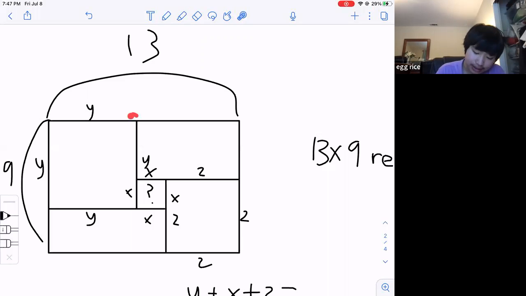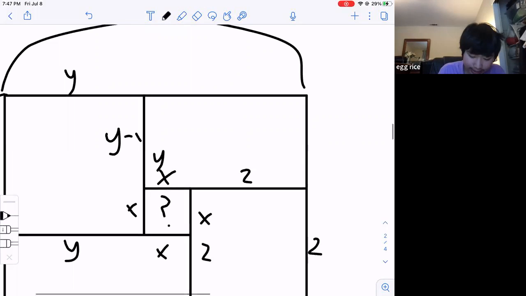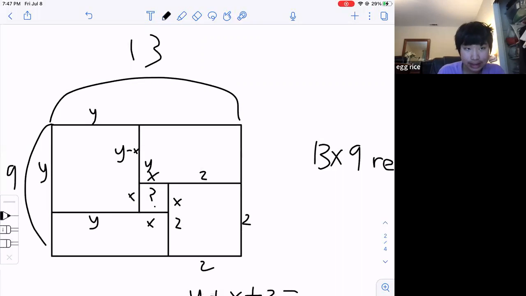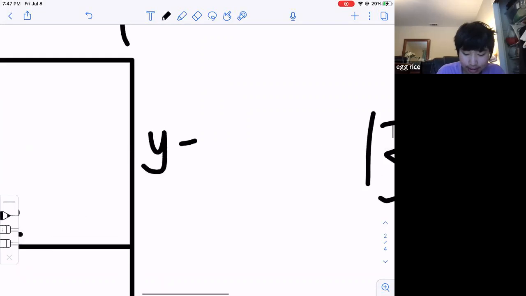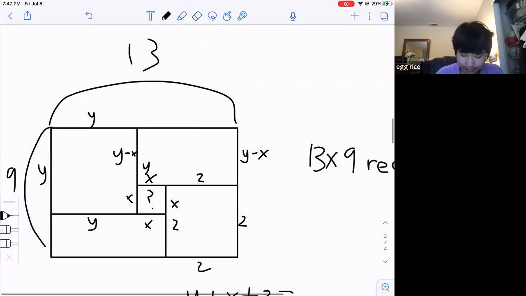Now we know that this total length is y. And since we have this smaller length with this x, we know that this length right here is y minus x. Because this is a rectangle, this length all the way over here is also equal to y minus x.